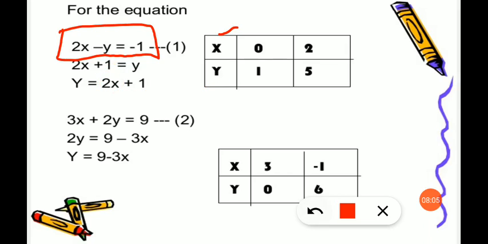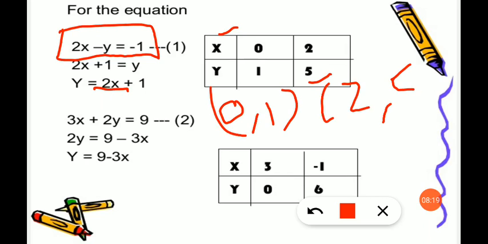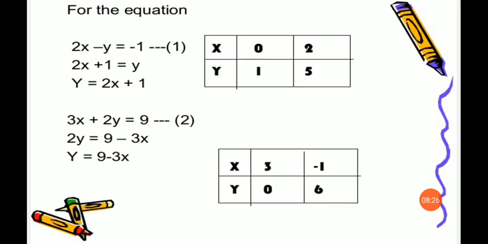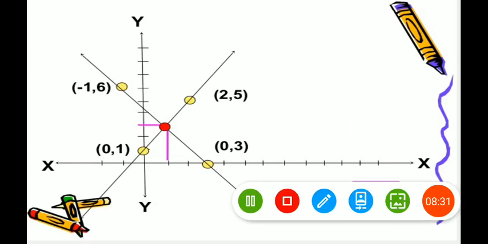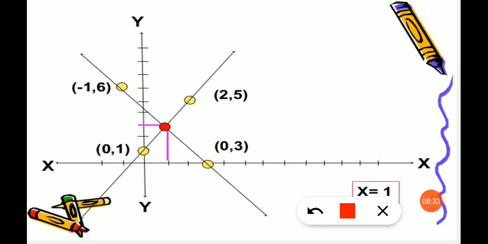If we put x is equal to 2, we get 2 into 2, 4, plus 1, 5. So the ordered pairs for the first equation are 0, 1 and 2, 5. We plot these 2 points on a graph and draw a line. Here it is done for you: this is 0, 1, this one is 2, 5, and we have plotted the line.